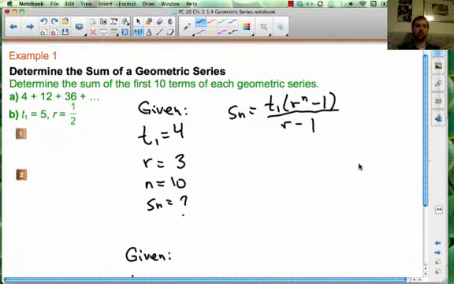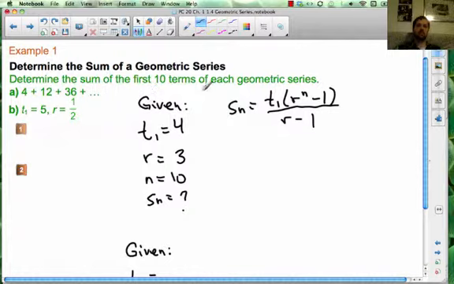So here we're going to do an example. Determine the sum of the first 10 terms of each of these geometric series. So I've written down the given information for the first one. So t1 is 4. To get to 12 and then to 36, you multiply successively by 3. And we are looking for the first 10 terms, so n equals 10. So we want s sub n. So we plug in our given information here.